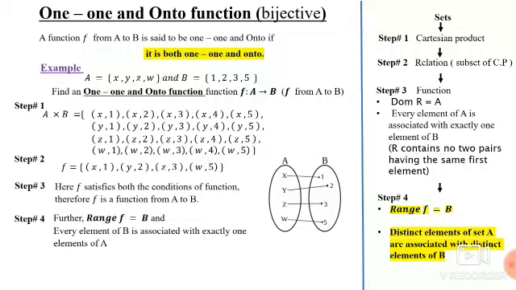And every element of B is associated with exactly one element of A. It means the second elements are not repeated. So both the conditions are satisfied here. It means this function is an onto and one-one function.